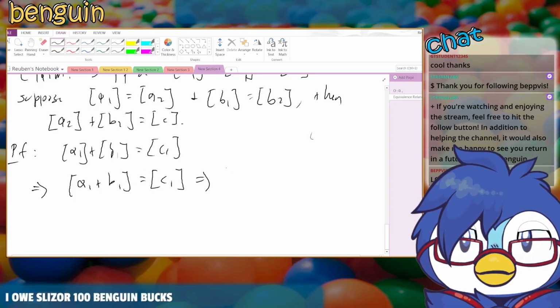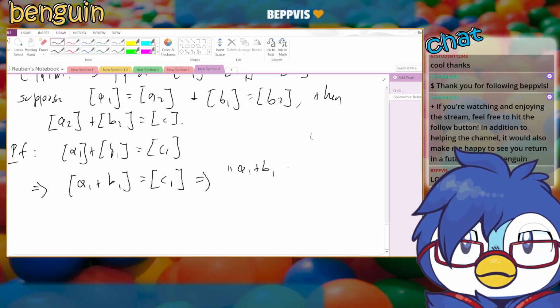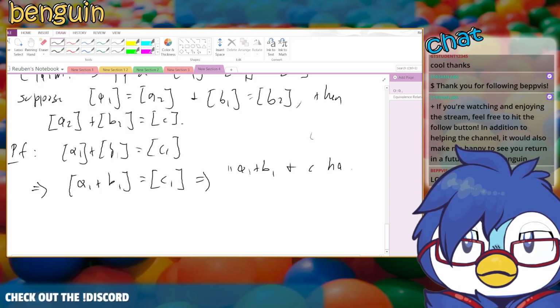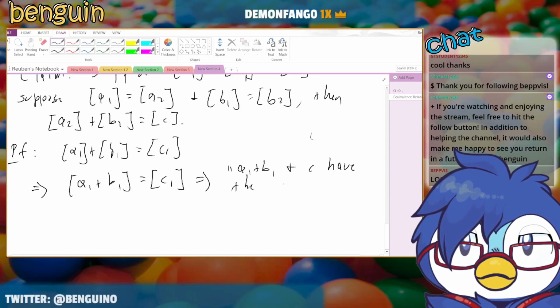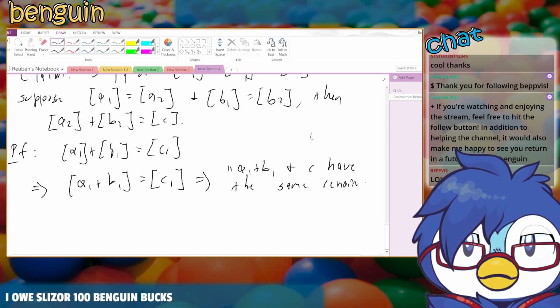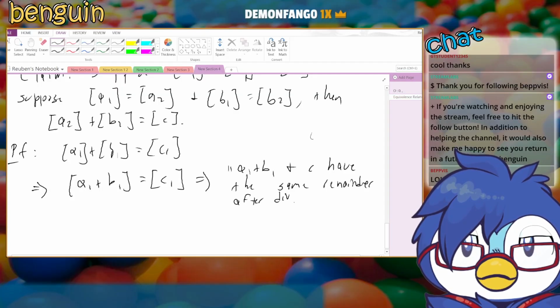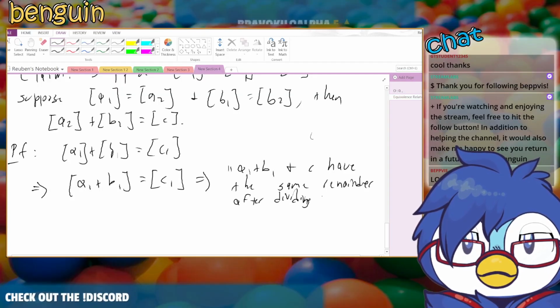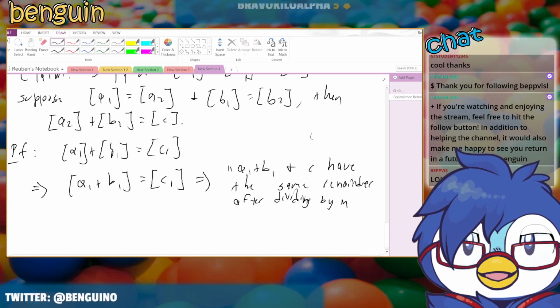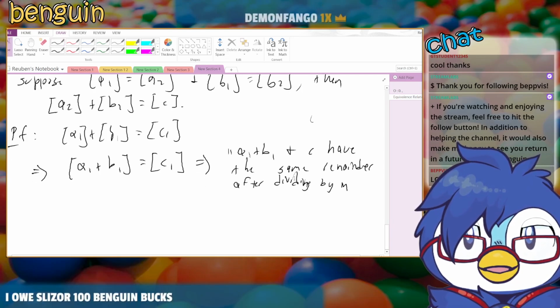So this is the same thing as saying that A1 plus B1 and C have the same remainder after dividing by m, right? Hopefully that makes sense.